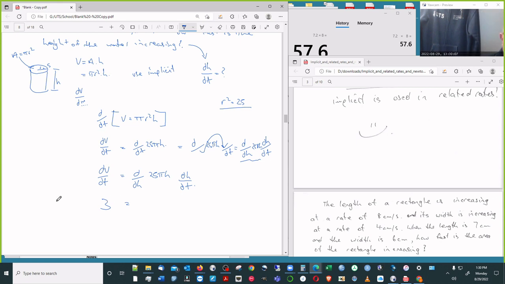So there'll be a bit of equation shuffling to get this expression here by itself. We'll have to make that the subject. But this question still goes, what's d/dh of 25 pi h? Thank you very much.